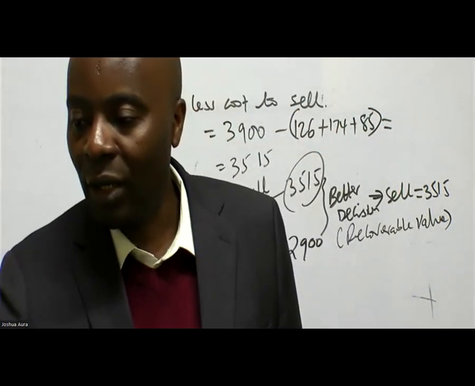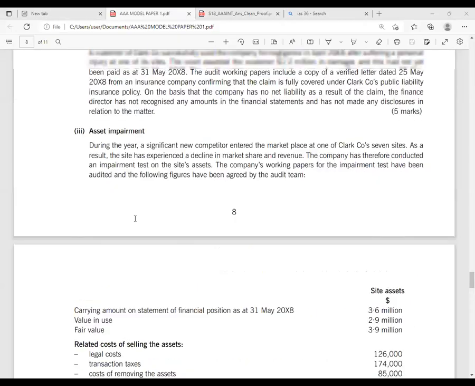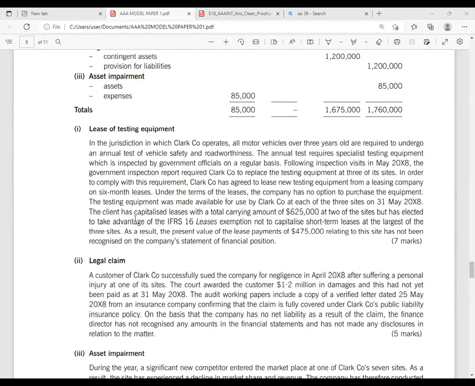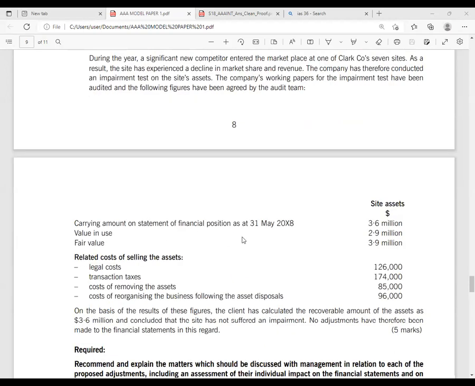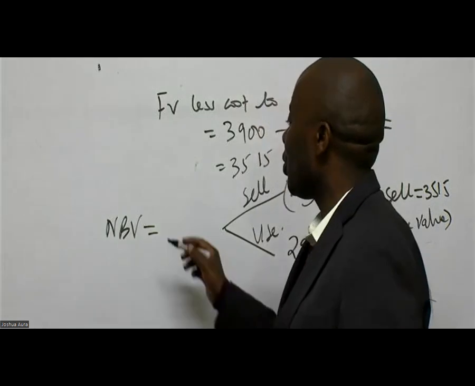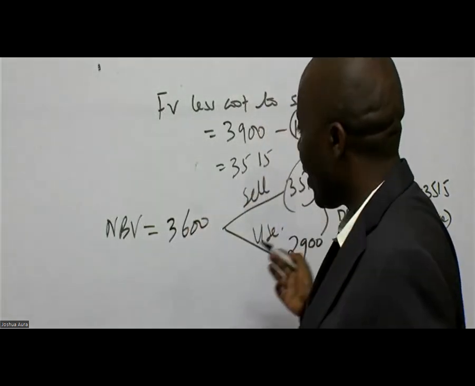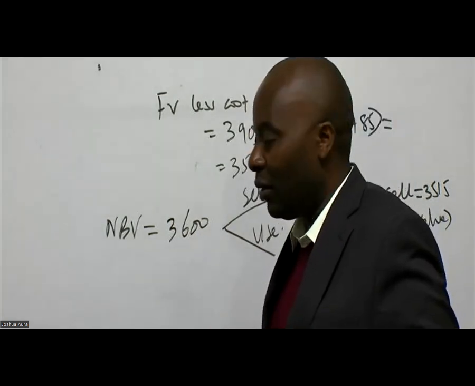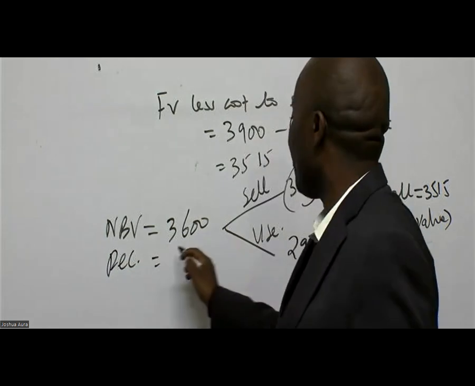The carrying amount they have told us is 3,600 in thousands. So the net book value is 3,600. And then we have what we are able to recover, so the recoverable amount is 3,515.